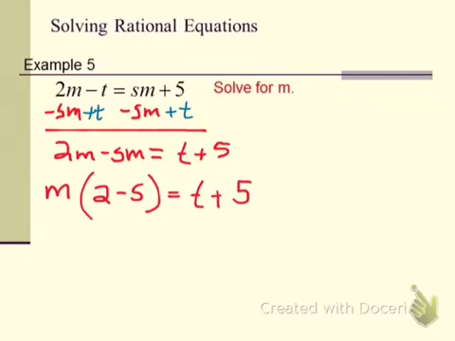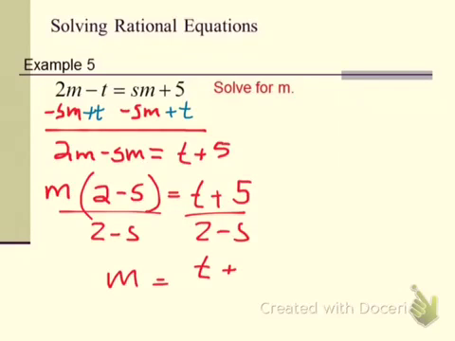Now what can we do? We can divide everything by 2 minus s. So here's what m equals. M equals t plus 5 over 2 minus s.